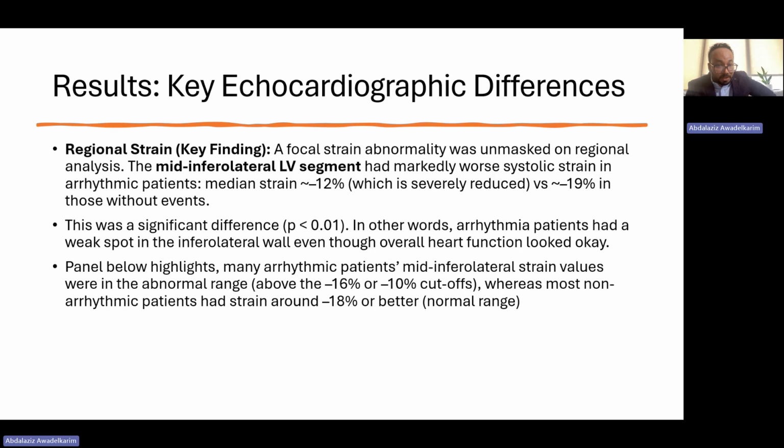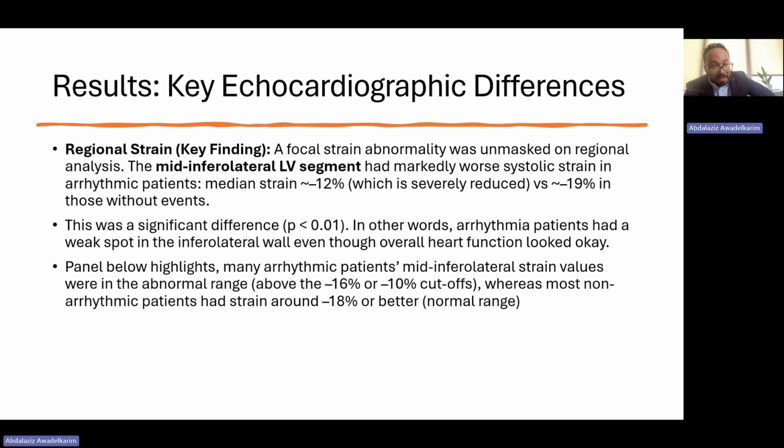Again, the regional difference: we noticed a specific segment, the mid-inferolateral LV segment, where the strain is lower, at minus 12, whereas normal strain is minus 18 to minus 22. This predicts people who have a higher risk of life-threatening arrhythmia.